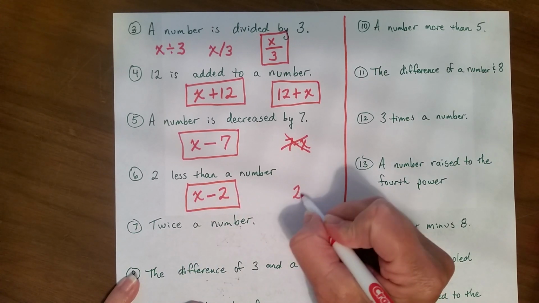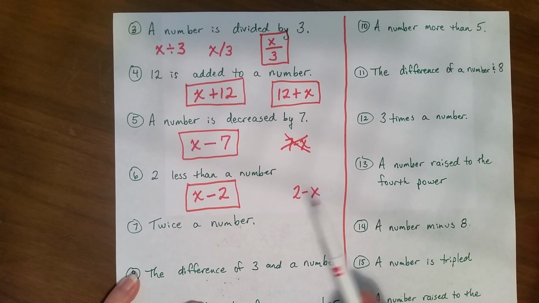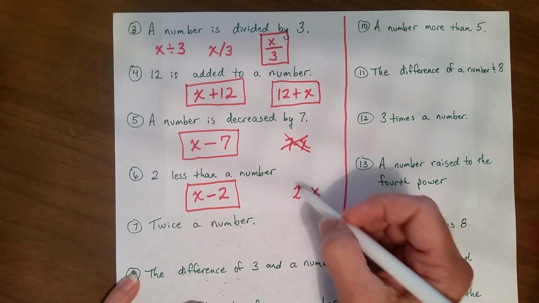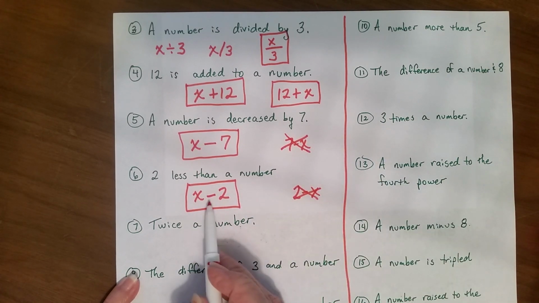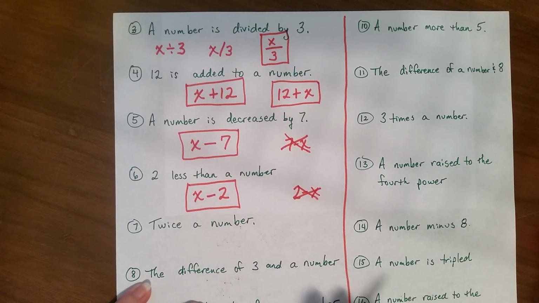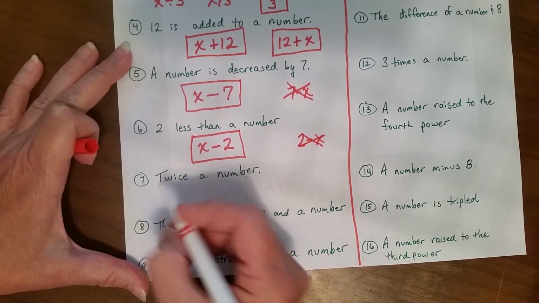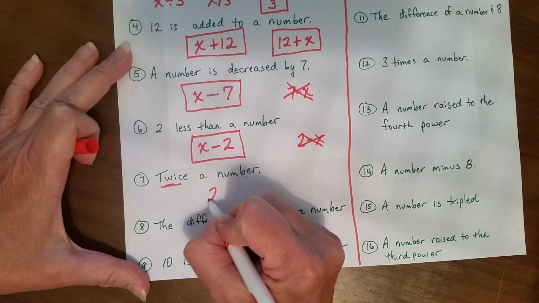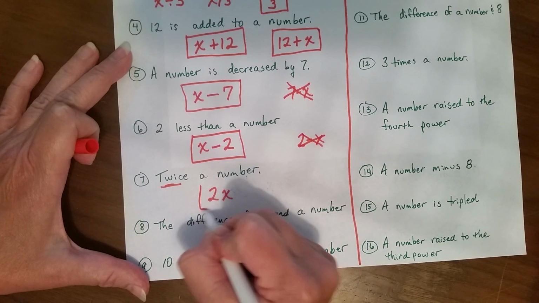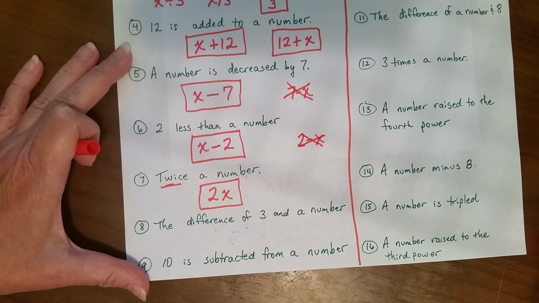Again, you can't do this because that would indicate x less than 2. We don't want that. We want 2 less than a certain number. Okay, twice a number. Well, twice indicates 2, and it indicates multiply, so this would be 2x, twice a number.